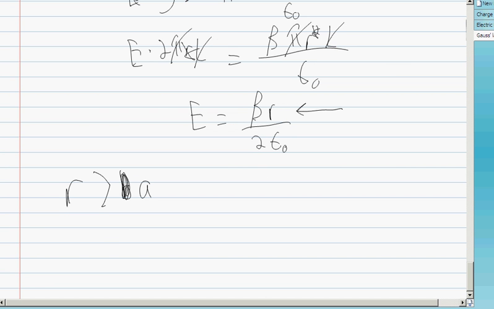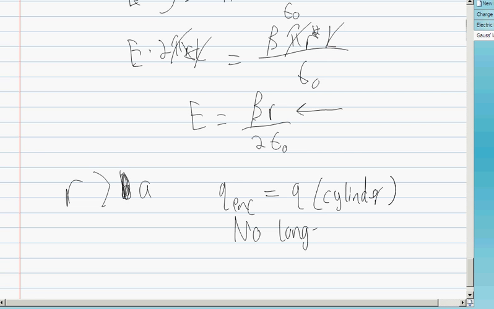Well, we run across a limit, because all the charge, Q enclosed, is just going to be the charge of the cylinder, which is no longer going to grow as we make larger Gaussian cylinders around it.